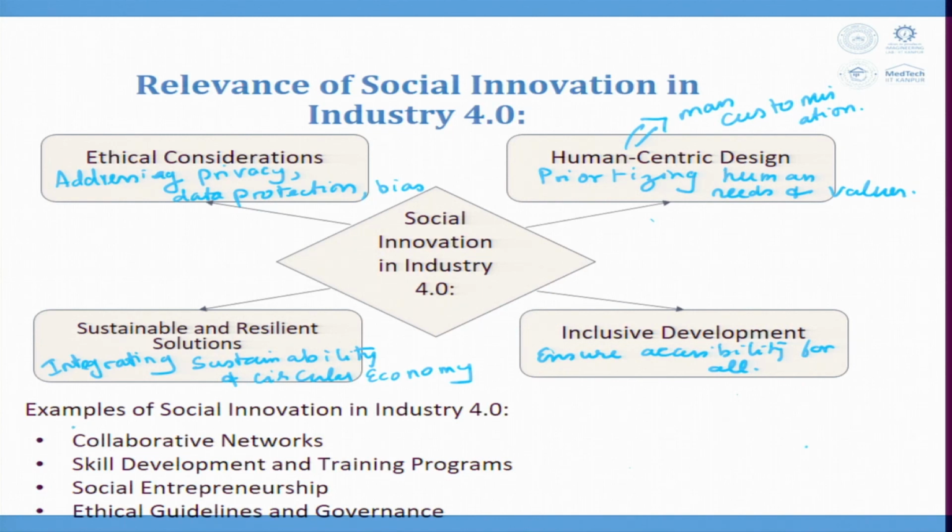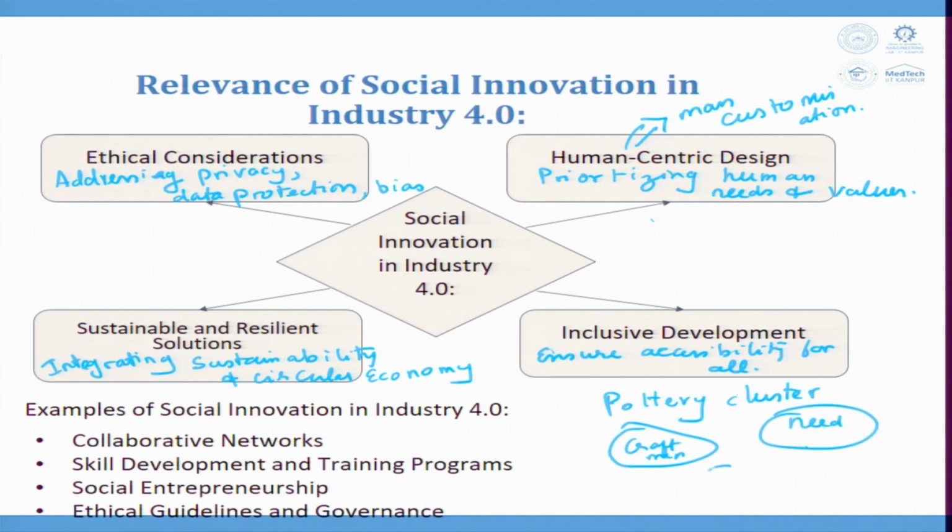So, when we look into various examples of social innovation in industry 4.0, we always look for a collaborative network. Let us take a simple example of a pottery cluster. There is a craftsman. He knows all the skills, there is a need, okay. There are a lot of digital tools and physical tools.